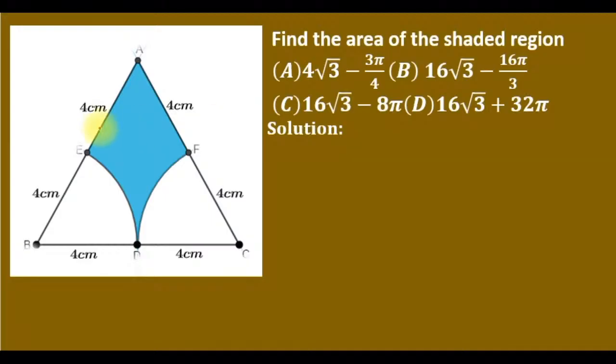Find the area of the shaded region. Okay, from the diagram you see that the shaded region is the same thing as the area of this triangle minus the area of these two sectors, and you see that the sides are all 8 cm, so it's an equilateral triangle, making each of the interior angles 60 degrees.